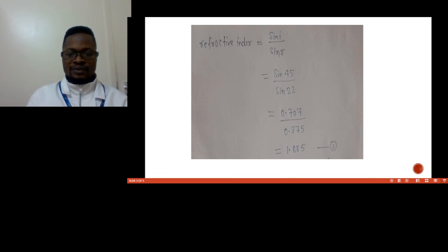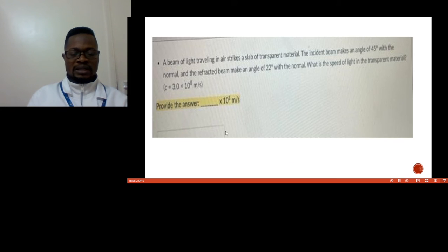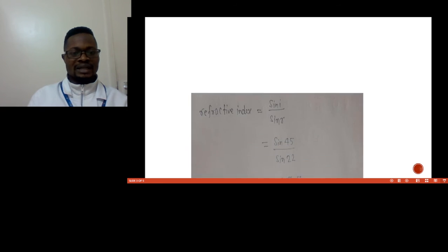So if you divide 0.707 by 0.375, you will get 1.885 in our equation 1. So we'll be using this as our refractive index to do further calculation and arrive at the final answer.